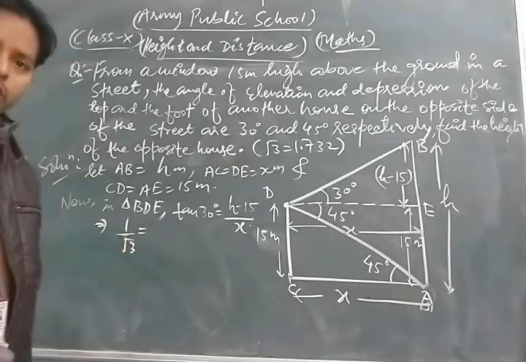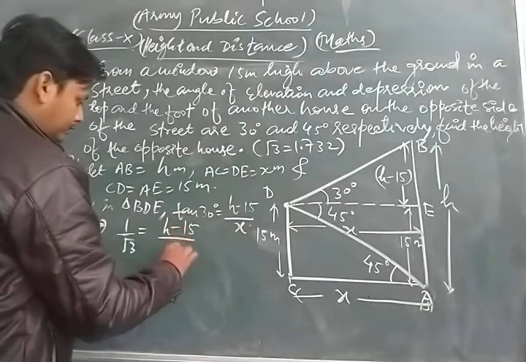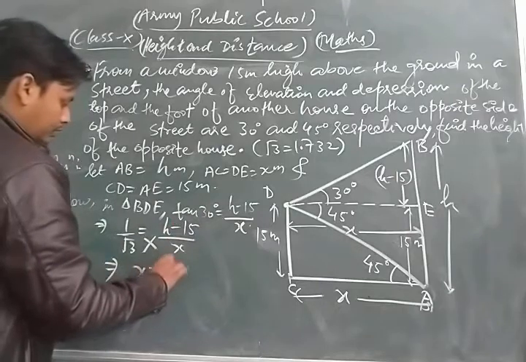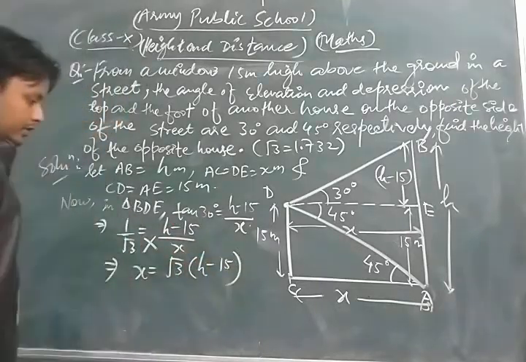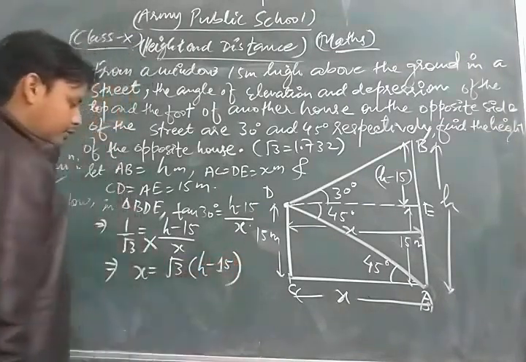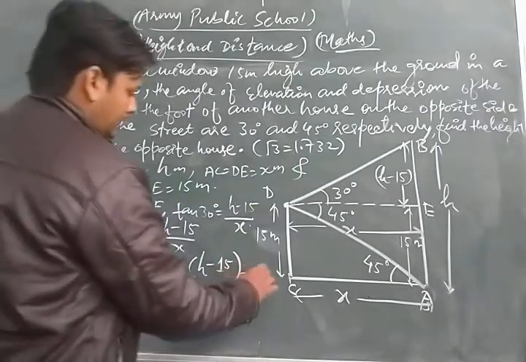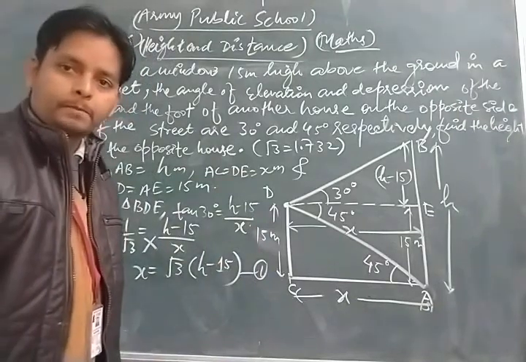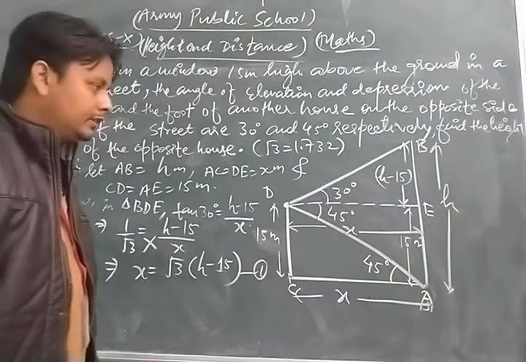So 1 upon root 3 is equal to (H minus 15) upon X. Now we do cross multiplication, so X is equal to root 3 times (H minus 15). We take this as equation number 1.